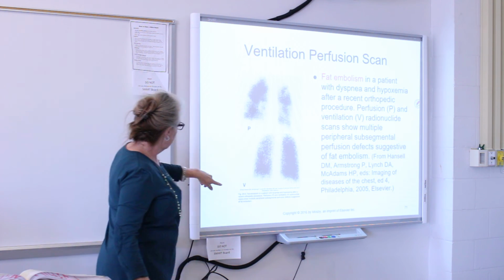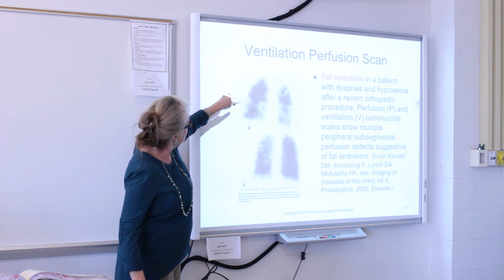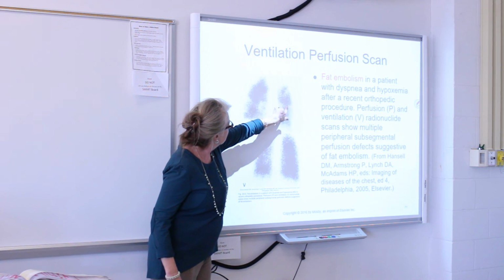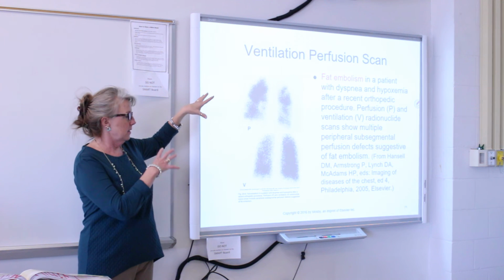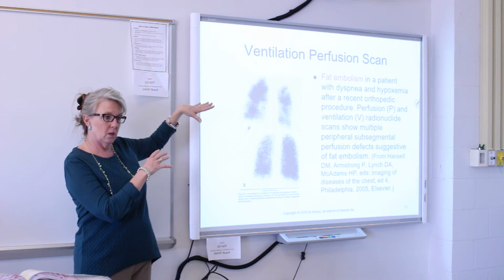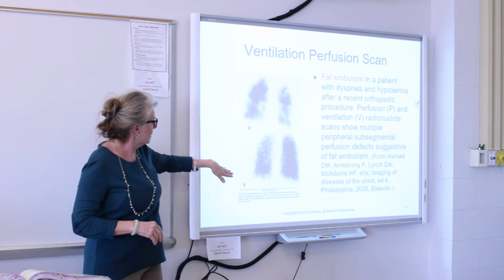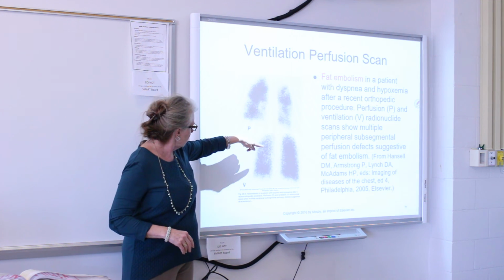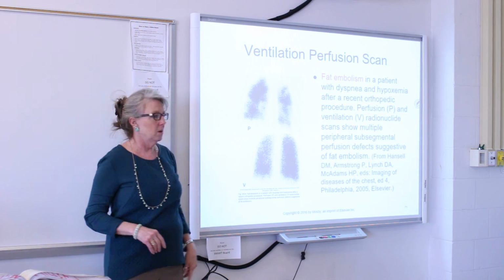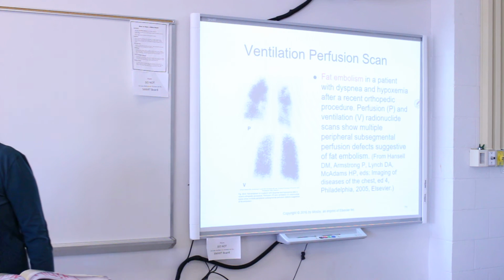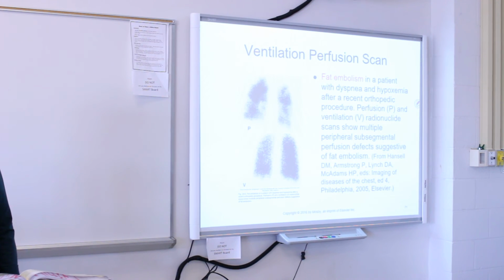And this right here is the perfusion, and see these white areas? That means that there is a lack of perfusion in those areas. And ventilation is pretty good. In your typical VQ scan, there will be an area of no perfusion, and ventilation will be fine.